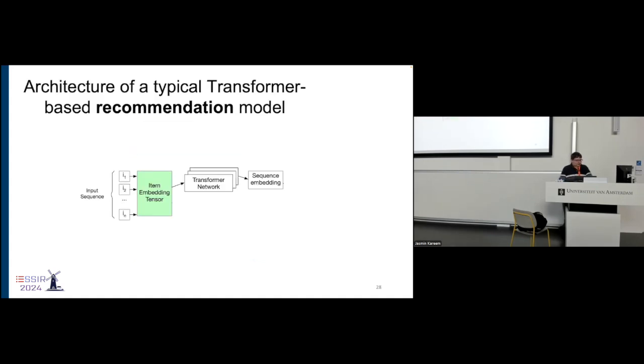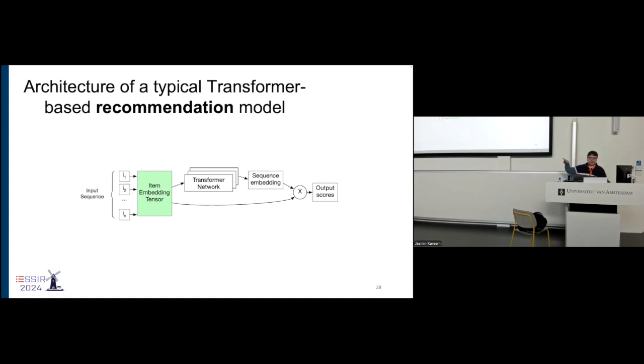This is a very popular, traditional way of building a sequential recommender using a transformer network. And actually, the GRU model that I shared was kind of the same. We start with a sequence of items at the input. We pass them through an item embedding layer. We then pass them through a transformer network. We obtain a sequence embedding, similar to what you can get from sentence BERT, for example.